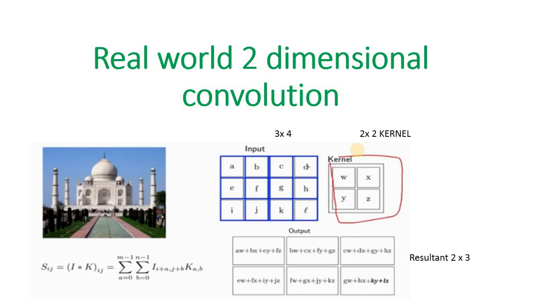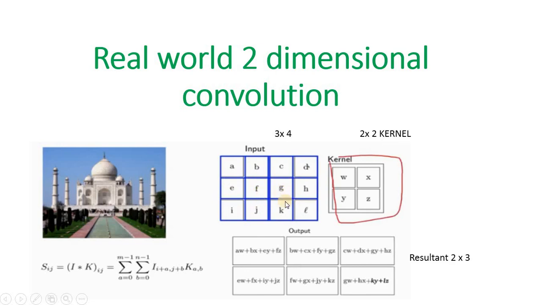So let us consider the case of a picture of the Taj Mahal where you have an input array of 3 by 4, 3 rows and 4 columns, and you put a kernel of 2 by 2 size, having W, X, Y, Z, over the first position on the left hand side. After that slide it to the next, then again slide to the next, then slide to here.